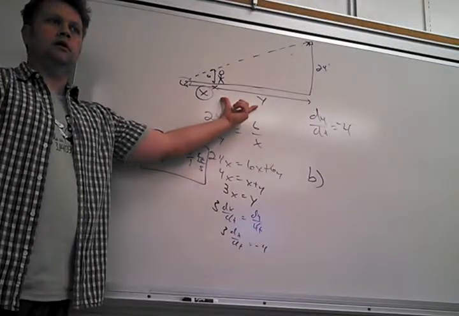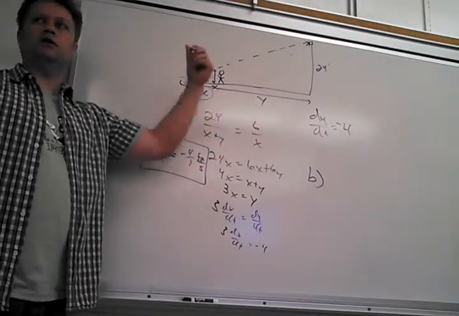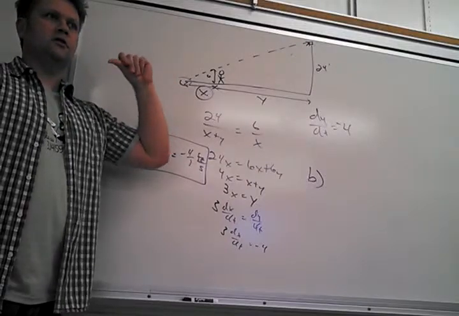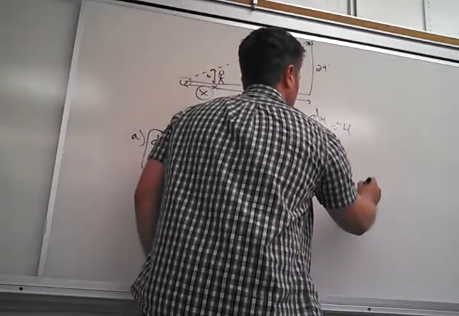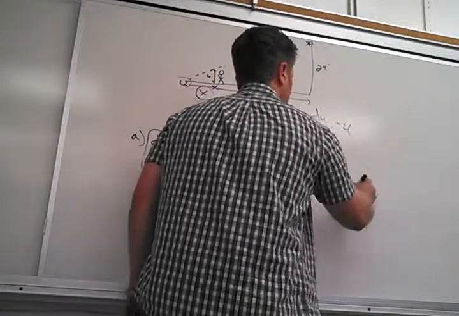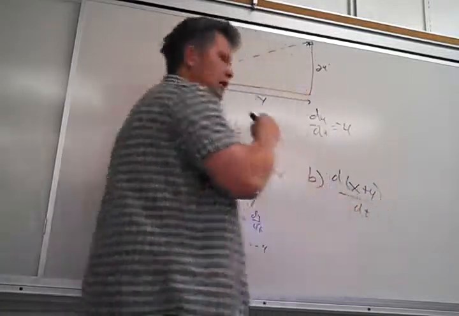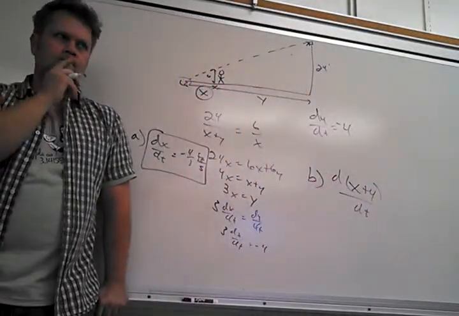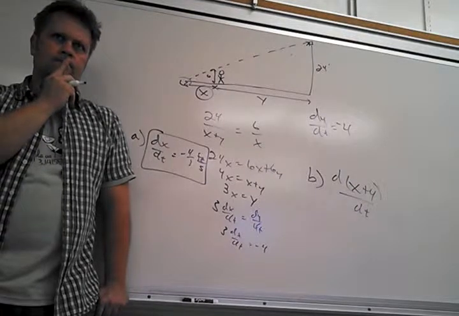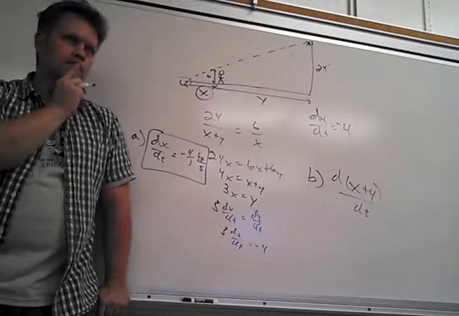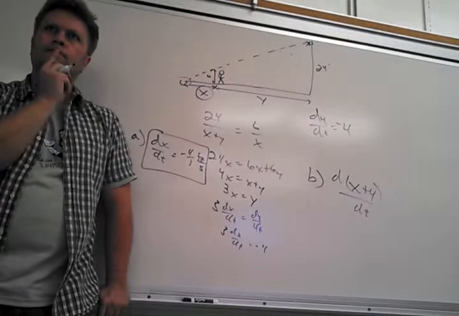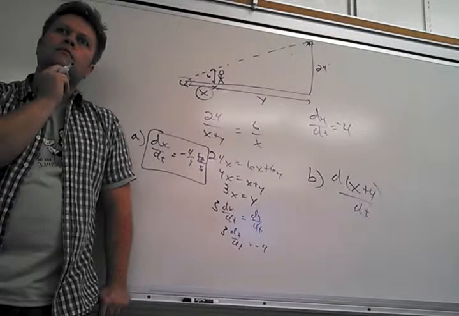So now I want to know how quickly x plus y is changing. Where do you get the d of x plus y? Well, that's just from the question, right? How quickly is this length changing?